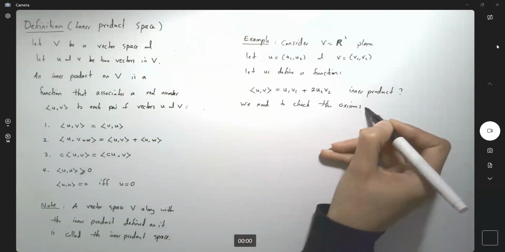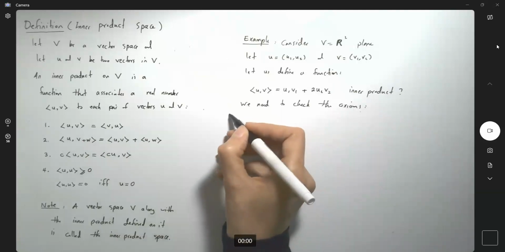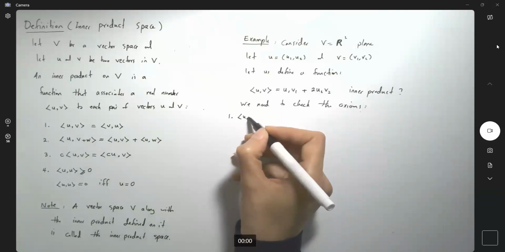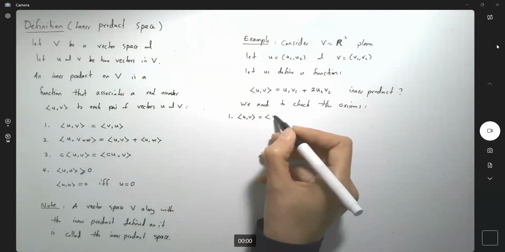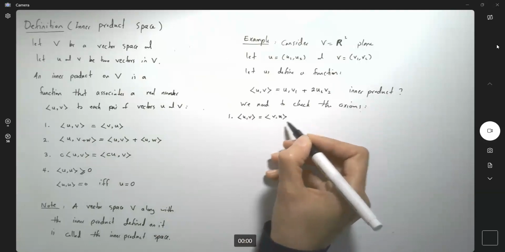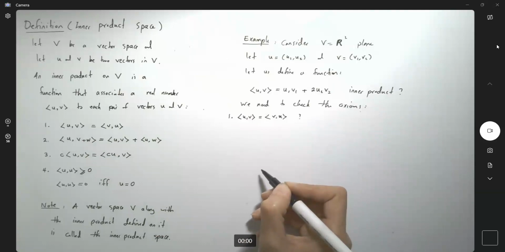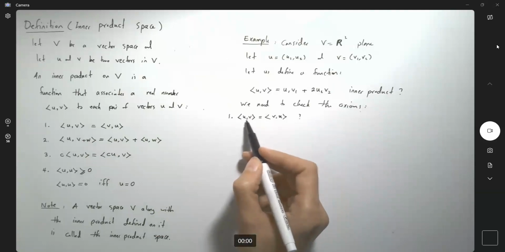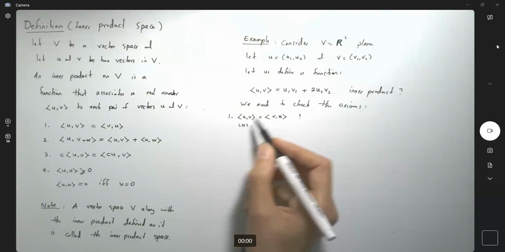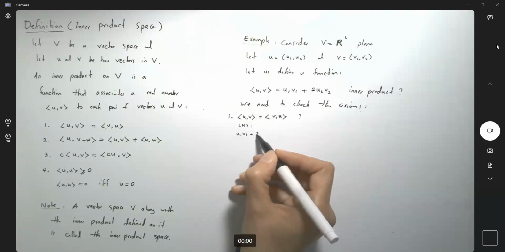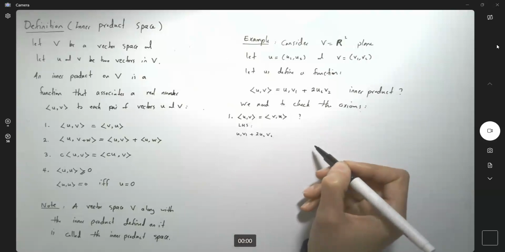Check the axioms. So first of all, we need to show that the inner product of U and V is equal to the inner product of V and U. Let's put a question mark in front of it. We know that this guy on the left-hand side is U1 V1 plus 2 U2 V2.